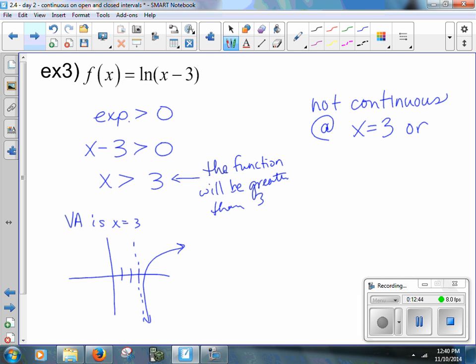X is equal to 3 or x is less than 3, correct? If it's not even over there, then it's not continuous over there. F of x is not continuous at x equals 3 or x is less than 3. Do you agree, yes or no?